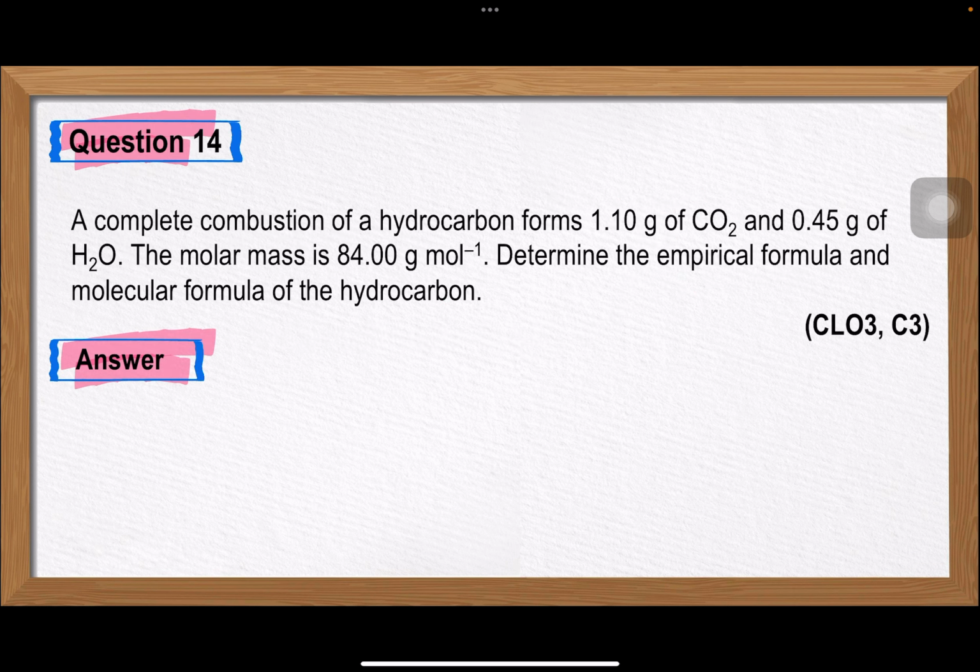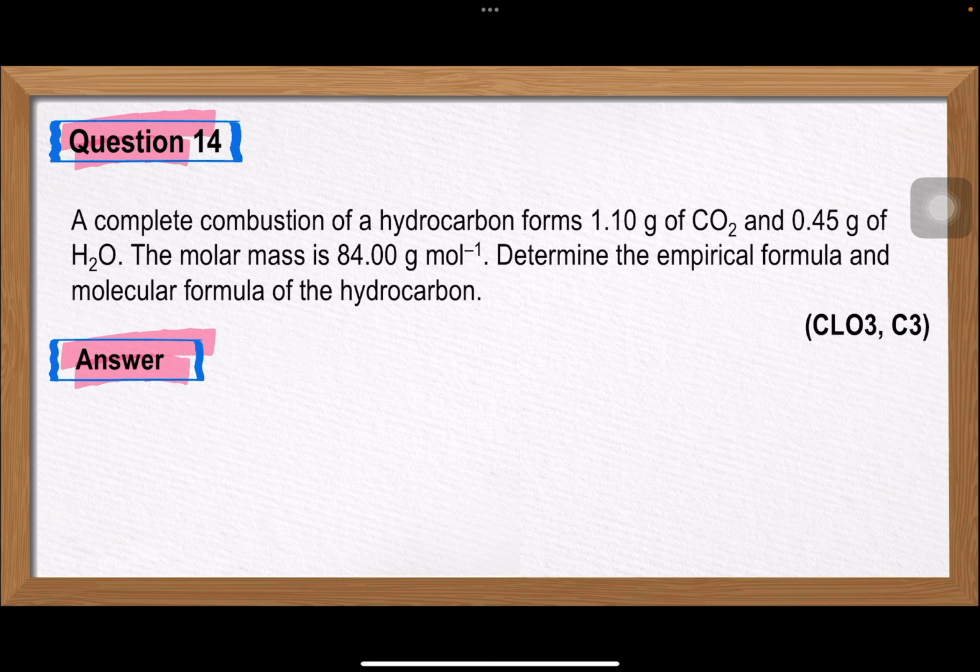And then question 14. Combustion data. Determine the empirical formula from combustion data. So the combustion of hydrocarbon give 1.1 gram CO2 and 0.45 gram of H2O. Molar mass of the sample is 84 gram. Determine the empirical formula.